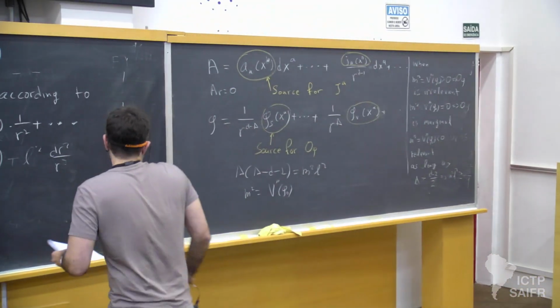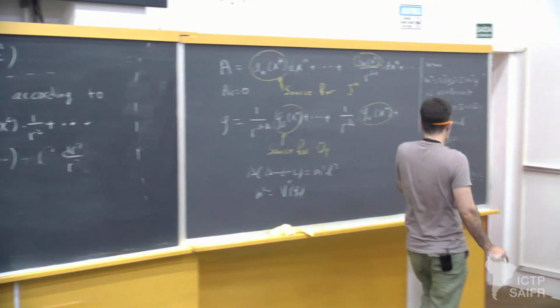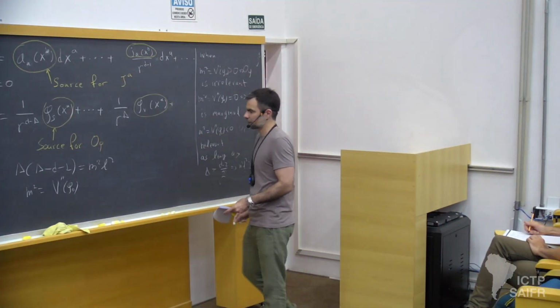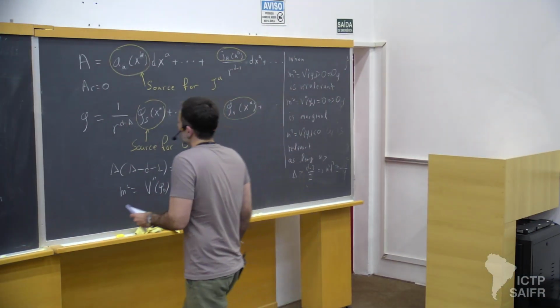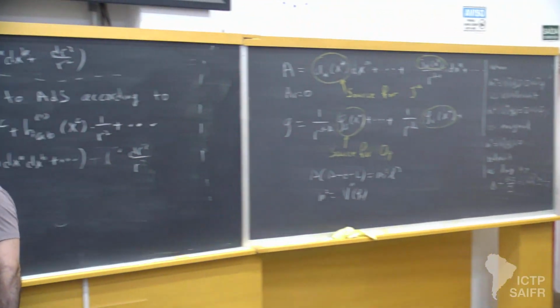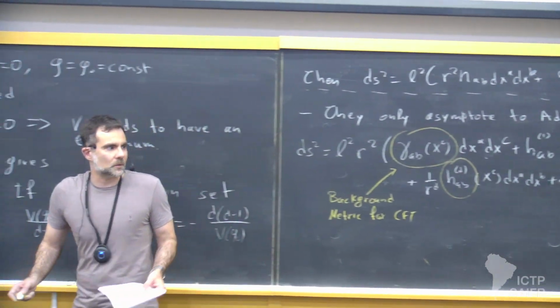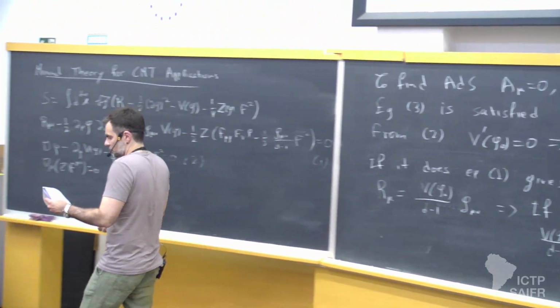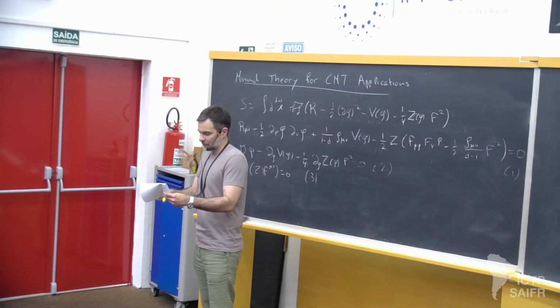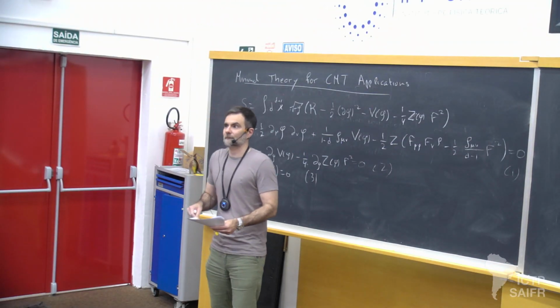So if delta is smaller than d minus 2 over 2, right, this means that the vacuum you have found is unstable, is dynamically unstable. Okay, it cannot be a good ground state for your system. Any questions? Yes.